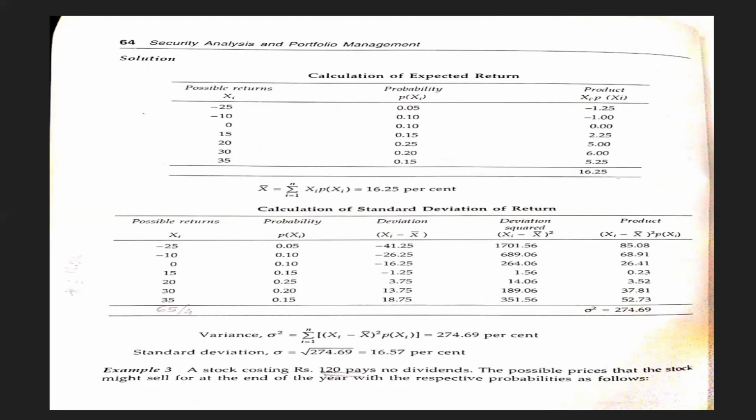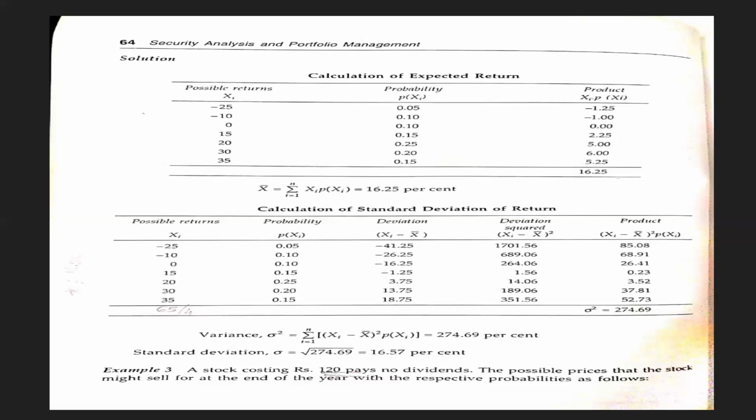So minus 25 minus 16.25 gives you minus 41.25, minus 10 minus 16.25 gives you minus 26.25, 0 minus 16.25 gives you minus 16.25, 15 minus 16.25 gives you minus 1.25, 20 minus 16.25 gives you a positive value which is 3.75, 30 minus 16.25 gives you 13.75, and 35 minus 16.25 gives you 18.75.